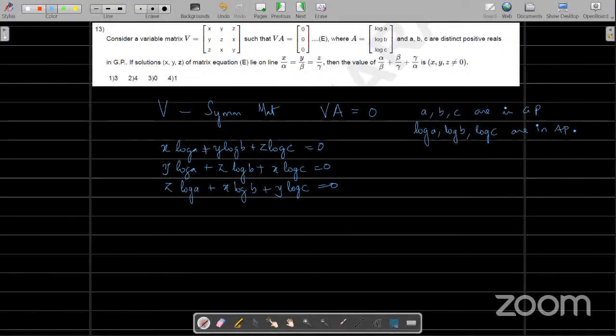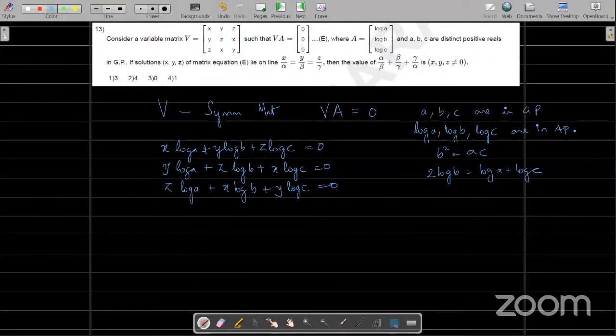What if we use one of them as x by alpha, y by beta, z by gamma? We know something here: a, b, c are in GP, which means b by a equals c by b, so b square is equal to ac. If I take the log of this, I get 2 log b equal to log a plus log c.